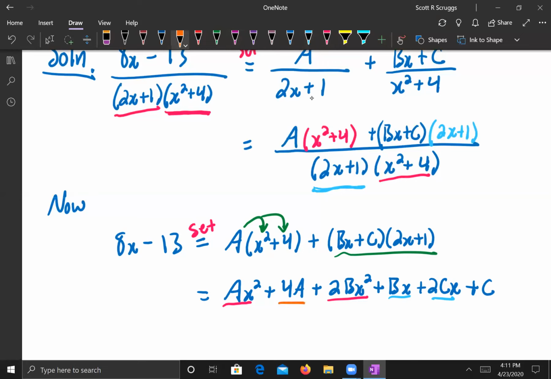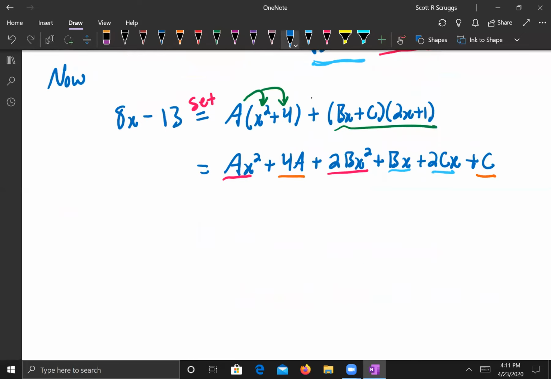And for the two that I underlined in orange, they don't have a variable x in them, so those are constants with respect to x, so I'll group them together, giving me, for my final factoring of the right-hand side, a plus 2b. They both had a common factor of x squared, so I factor out the x squared.